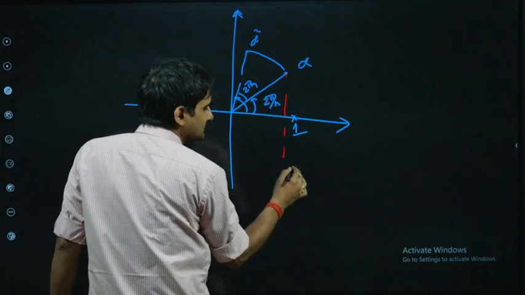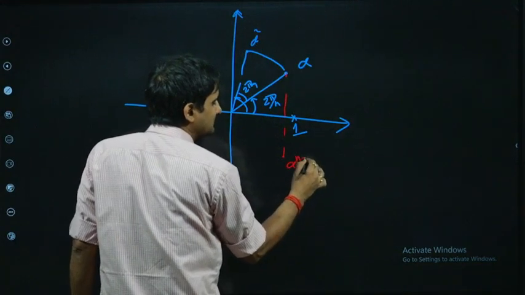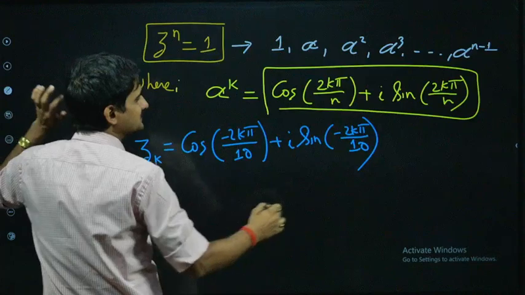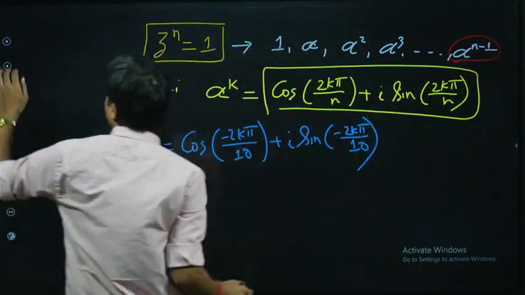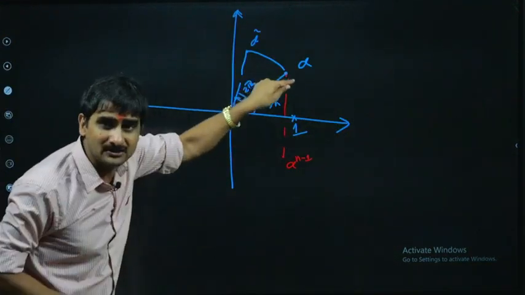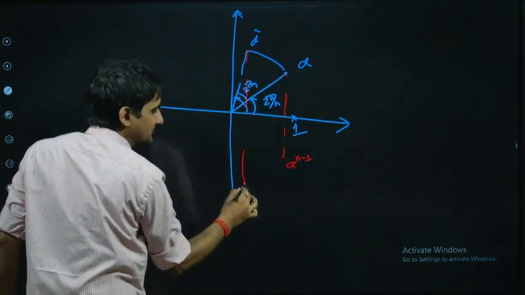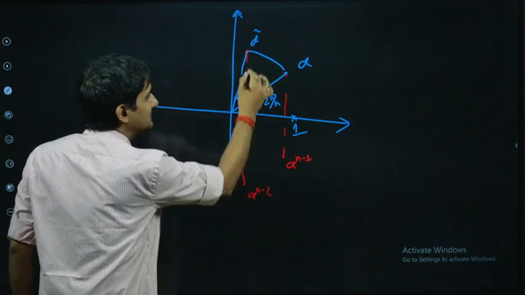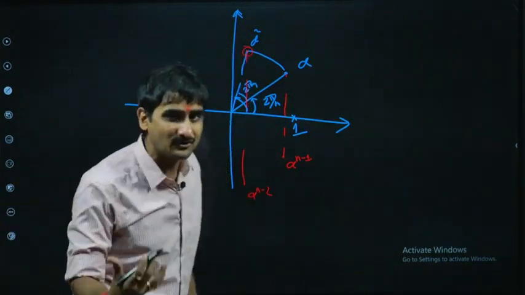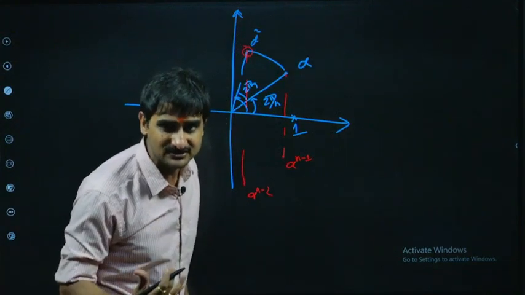The last root, alpha raised to the power n minus 1, the last complex root of unity, is the conjugate of the first root, which is alpha. The second last root, alpha raised to the power n minus 2, is the conjugate of the second complex root, which is alpha square.